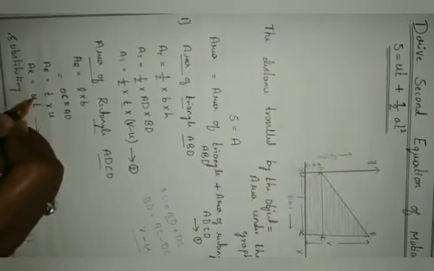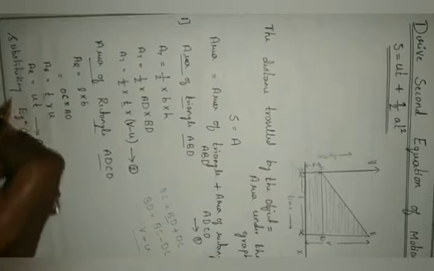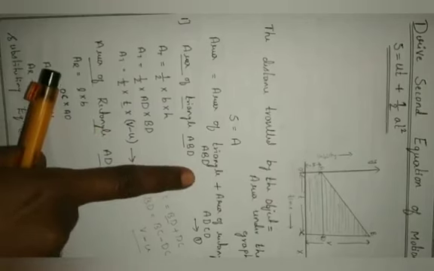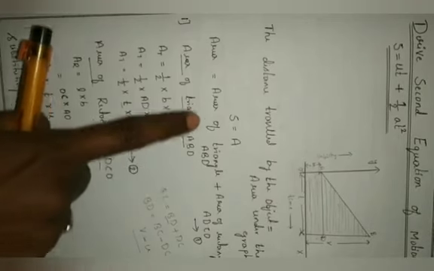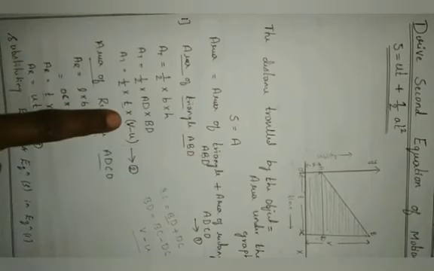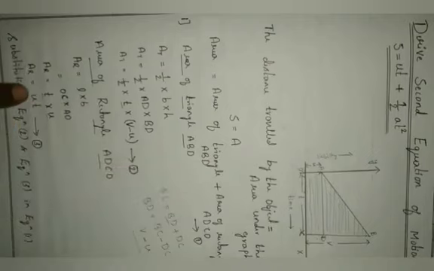The value of OC is T and AO is U. So the area of the rectangle is U into T. Now we have to substitute the value of the triangle and the value of the rectangle in equation 1. In the place of the area of the triangle, we substitute equation 2, and for the area of the rectangle, we substitute equation 3.